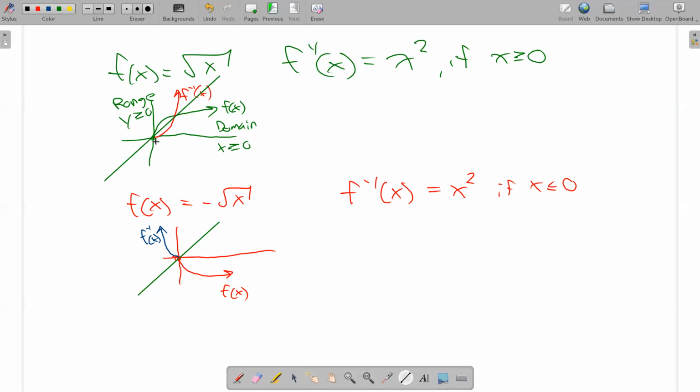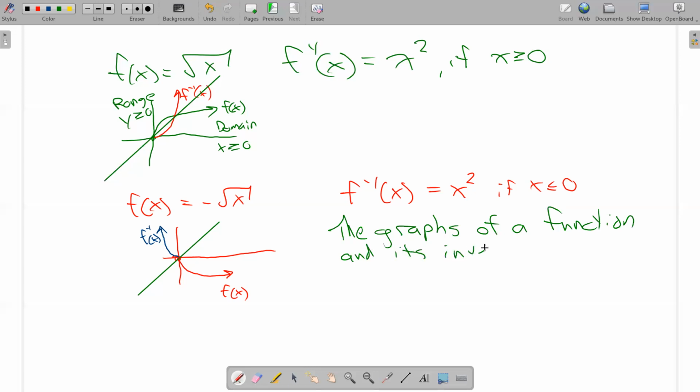And so sometimes a graphing utility is better because it's a little neater. So another property of inverse functions: graphs of a function and its inverse function are symmetric about y equals x.